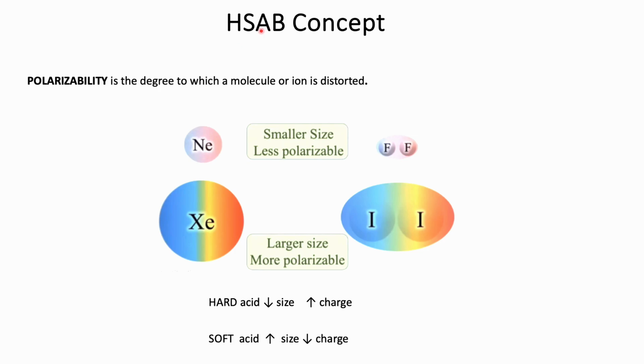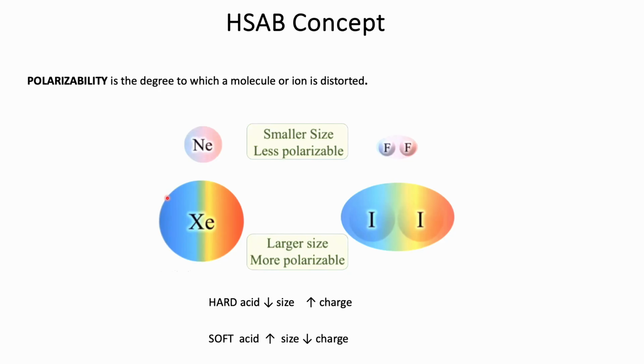Alright, so the concept of HSAB revolves around polarizability. Polarizability is generally the only trend in hard and soft bases, and it depends on your atomic size and number of electrons. Polarizability is the degree to which a molecule or ion is distorted. The more electrons you have, the more polarizable you are.